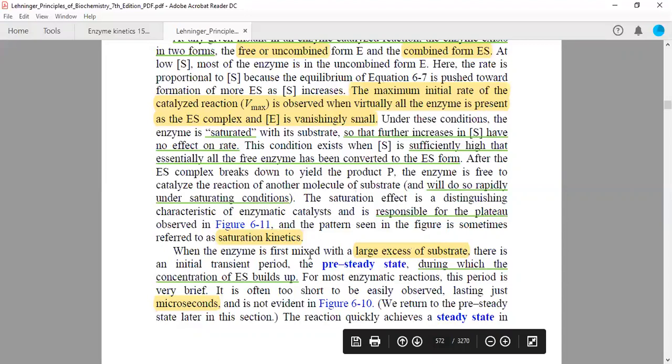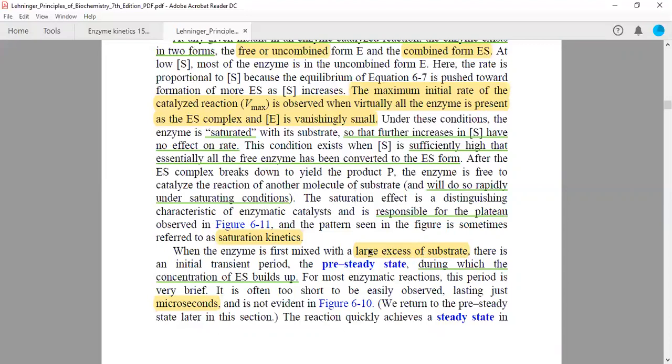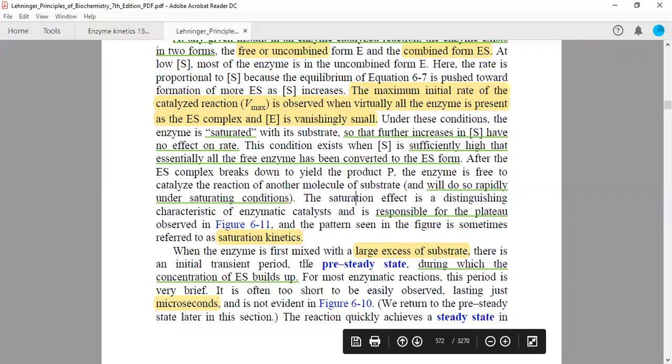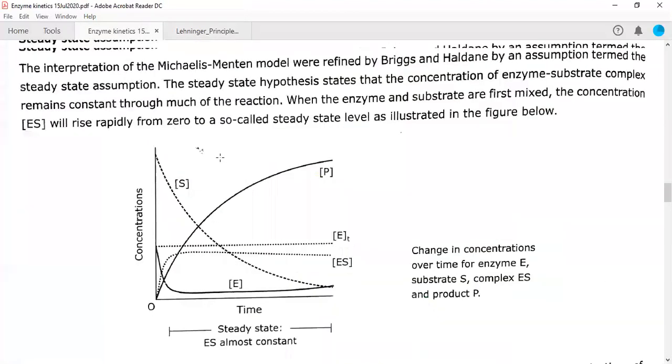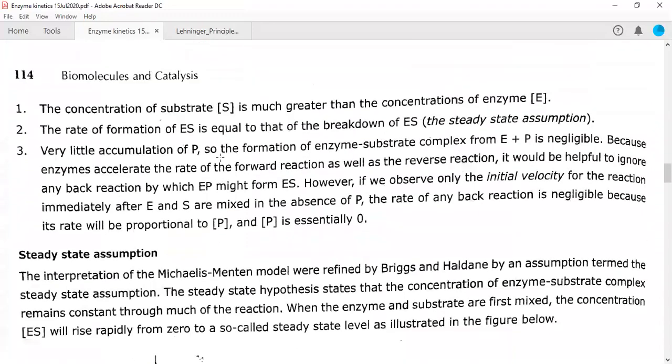Now, when the enzyme is first mixed with a large excess of substrate, because it is our first assumption that we are taking a large excess of substrate, the initial transient period is called pre-steady state. It is talking about time. If you are not able to understand this, let me show you.